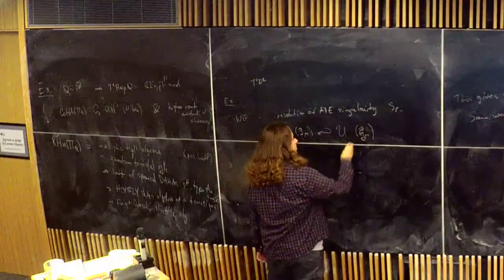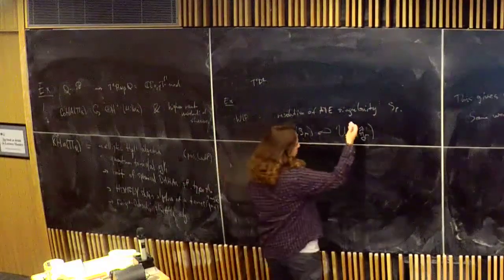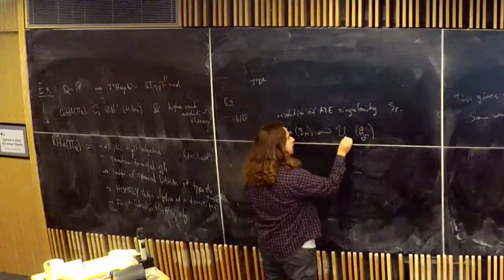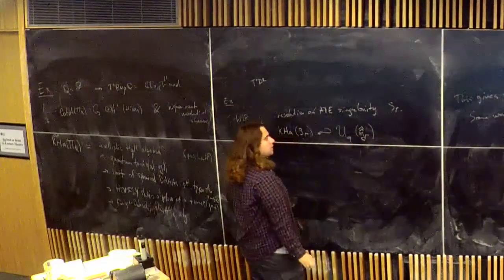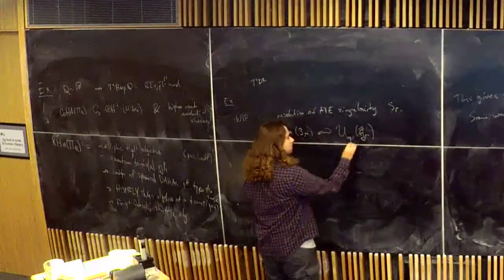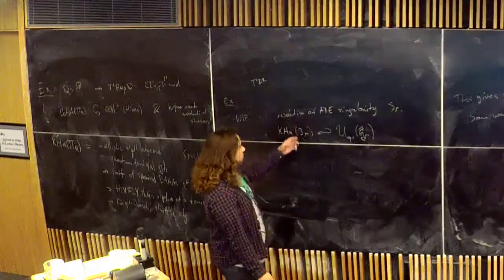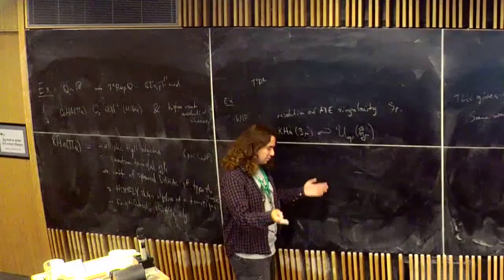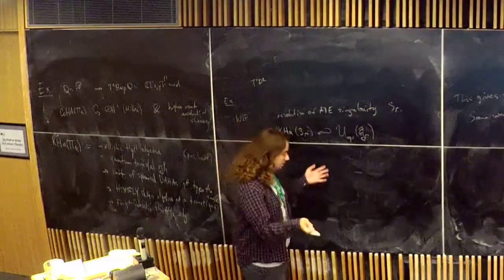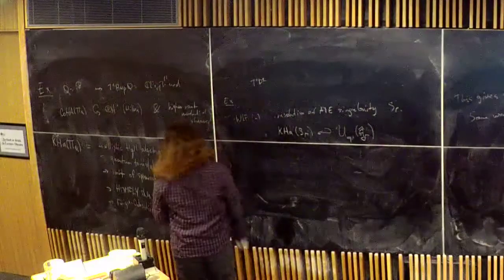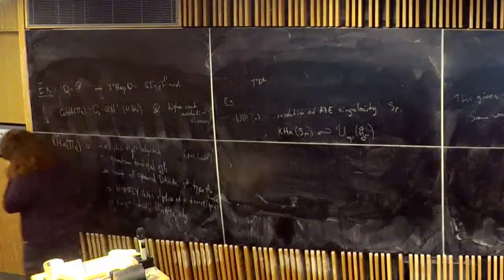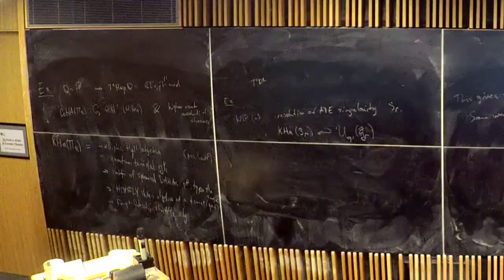You take the double affinization or toroidal version, and here I put dots. It means that normally you will have at least one quantum parameter, but sometimes you have two, just because on the resolution of ADE singularities, sometimes you have an action of one C star, and sometimes in type A you have an action of two C star. This is work in progress, and I think I'll stop here.